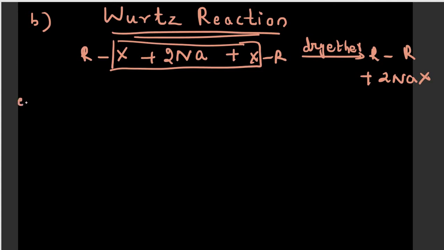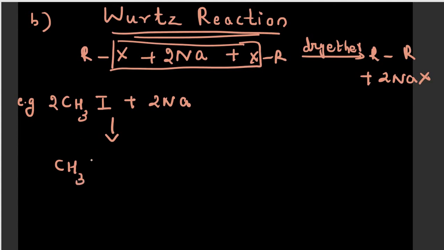Let us understand it more clearly using an example. For example, we have taken CH3I. This is 2 moles of CH3I plus 2 moles of sodium. Or it can be written as CH3I plus 2Na plus CH3I. Now what is the CH3I?